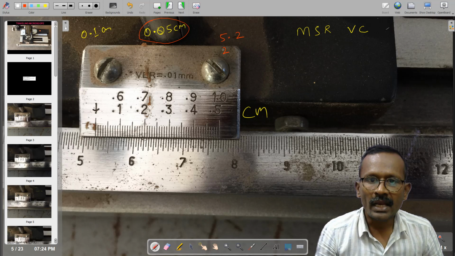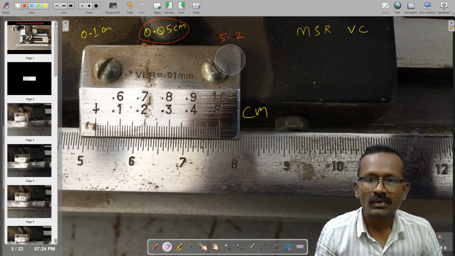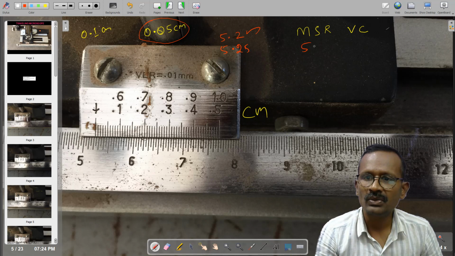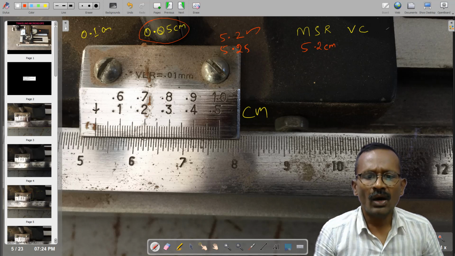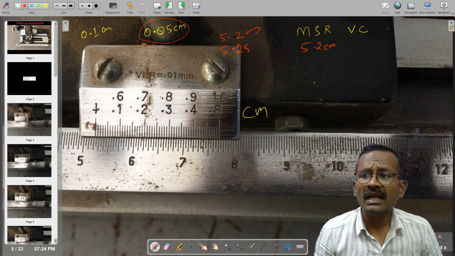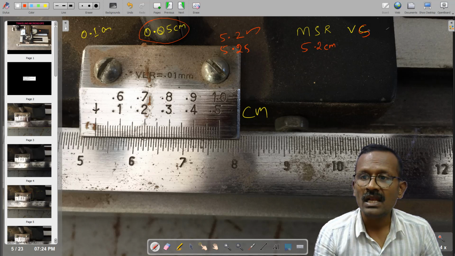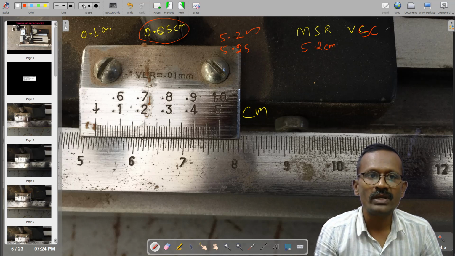Now the main scale reading is the lower one, 5.2. Take 5.2 centimeter as the main scale reading. Now we are going to find out the least count of this one. So now the vernier scale coincidence.